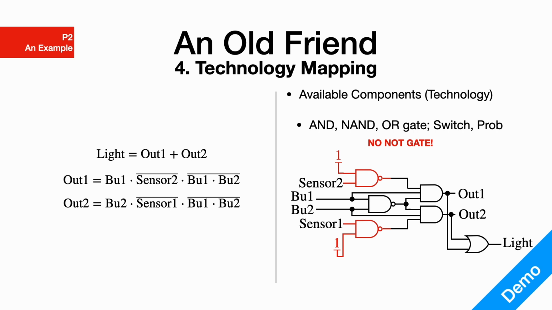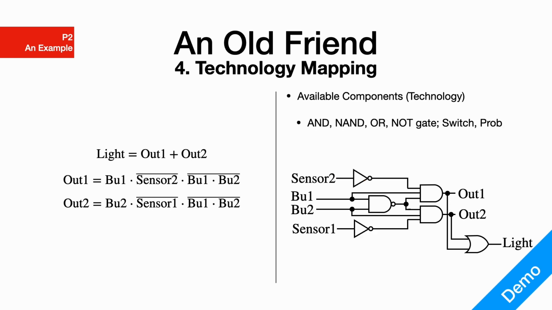And in this case, when you're trying to go from having the binary expression to implementing the physical circuit, you will need to very cleverly only use the available components and try to make do. Now, as I said before, this is only a hypothetical situation. It's very unlikely in reality that you will not be able to find NOT gates at your disposal. So let's turn back to the original implementation over here, and then step 4 is completed.